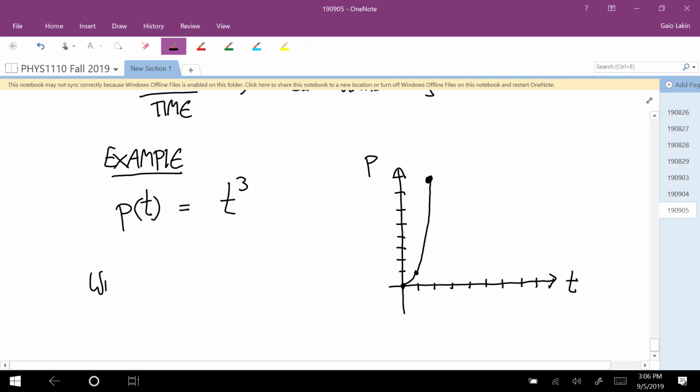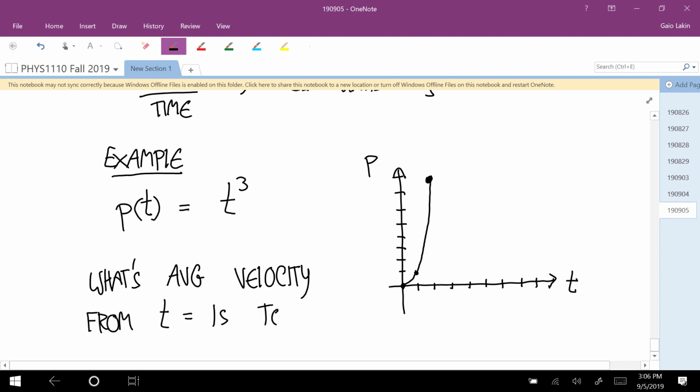And the question is, what's the average velocity from time equal 1 second to time equal 3 seconds?